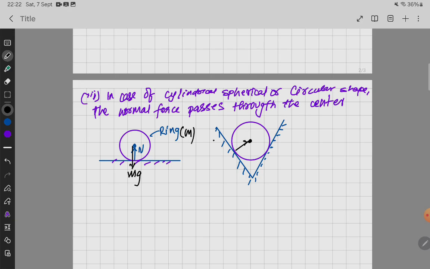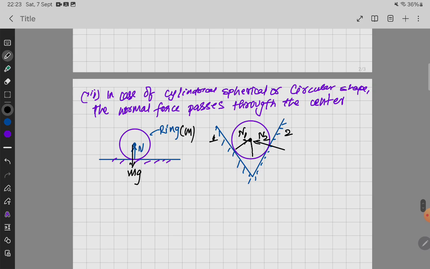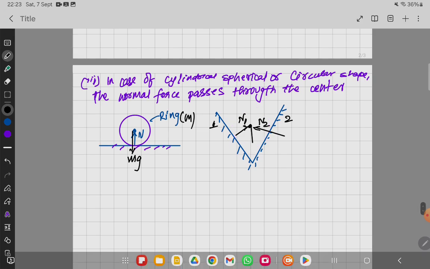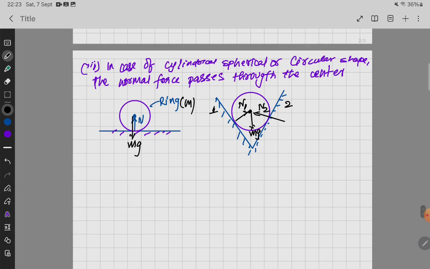Let us take this is surface 1, this is surface 2, so this will be normal force due to surface 1. Again this is common normal. Like this, this will be normal force due to this surface 2, and here this will be mg, mass into gravitational force.